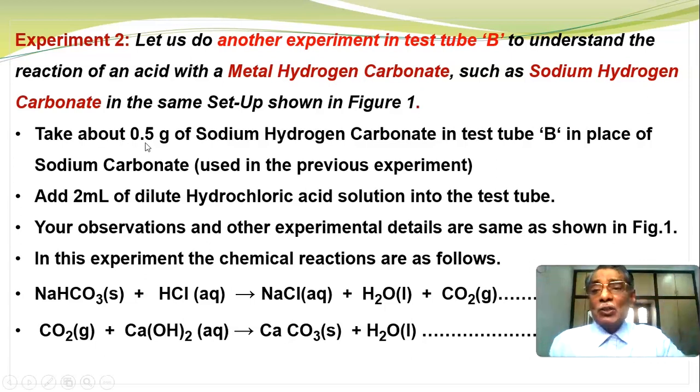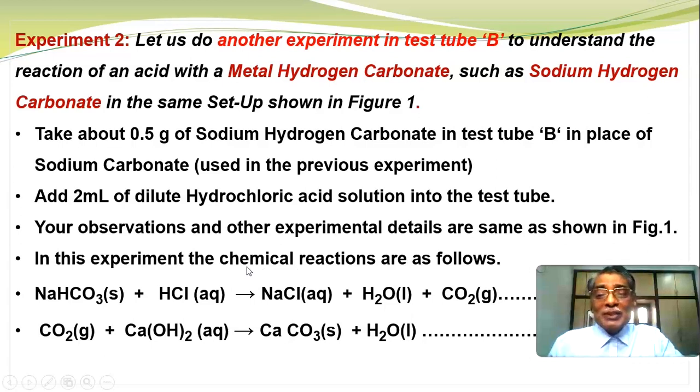Here also take about 0.5 grams of sodium hydrogen carbonate in test tube B in place of sodium carbonate used in the previous experiment. Again add 2 ml of dilute hydrochloric acid solution into the test tube. Your observations and other experimental details are the same as shown in figure 1.